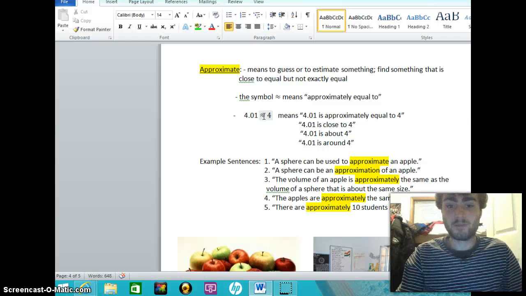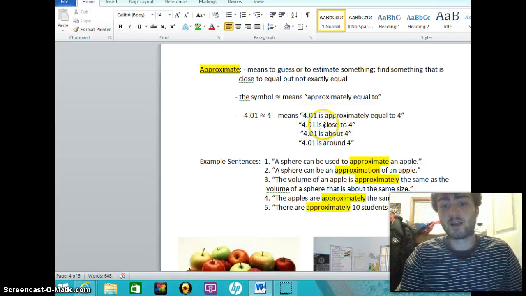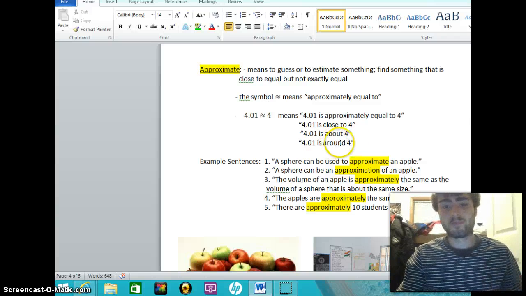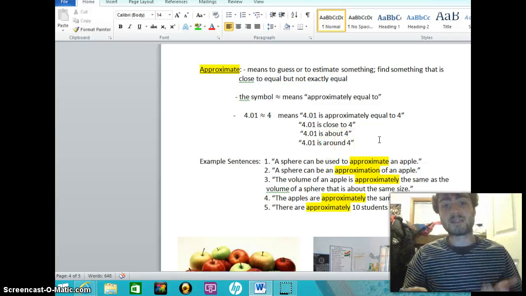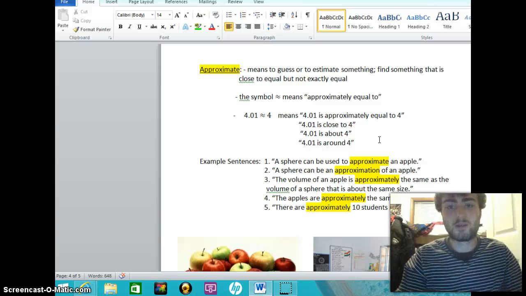Please repeat that for me. 4.01 is approximately equal to 4. Now this means 4.01 is close to 4, 4.01 is about 4, or 4.01 is around 4. It just means it's an estimation, it's a guess, it's close.